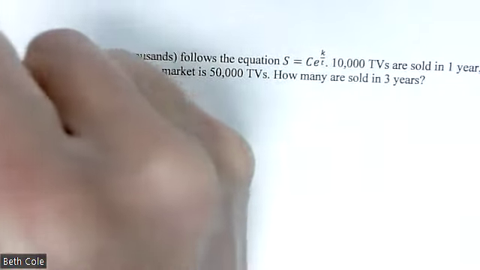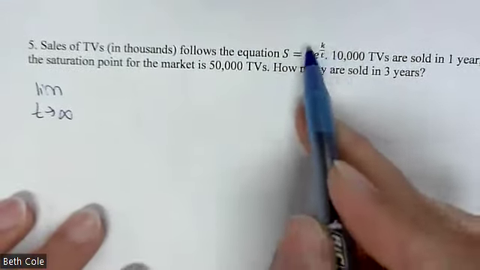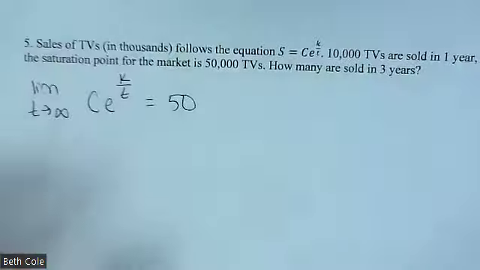I hope it feels like a limit to you, because it's the limit as time goes to infinity of this equation, which is going to equal not 50,000, but 50. Why is it just 50? Because it's in thousands.